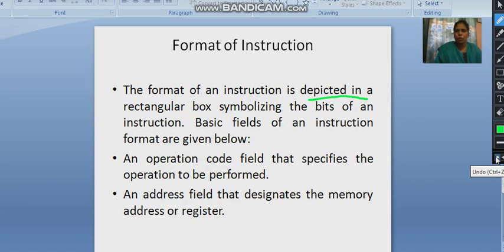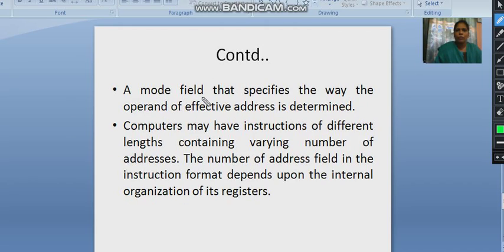This is the format of any general instruction, and a mode field that specifies the way the operand or effective address is determined. So along with the opcode part and address part, the mode is optional. It tells how we can calculate the effective address in the processing of this instruction.